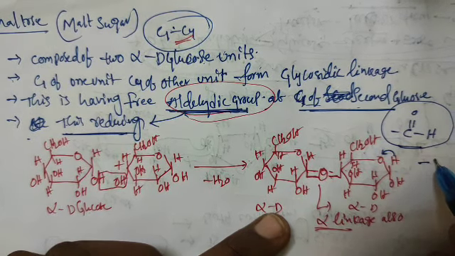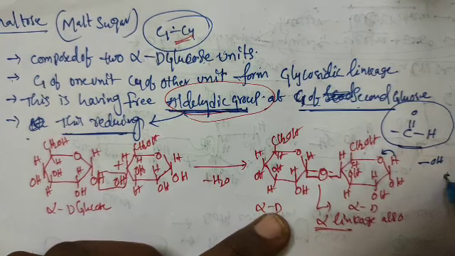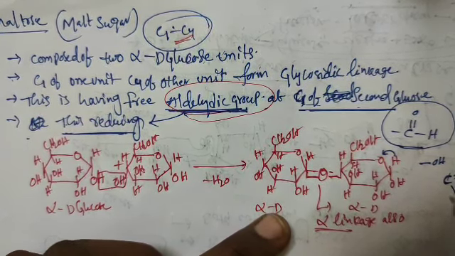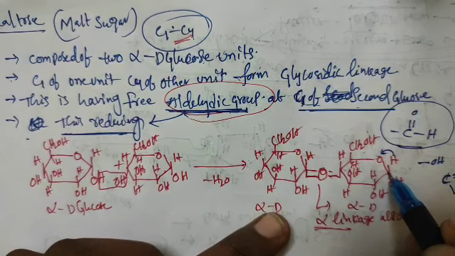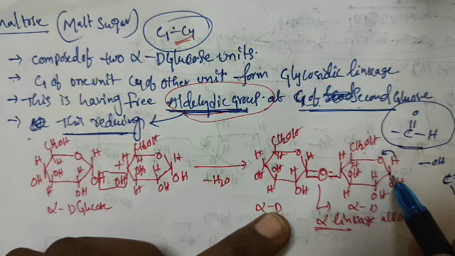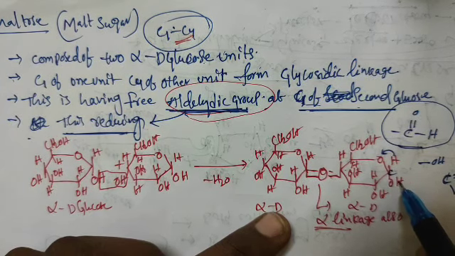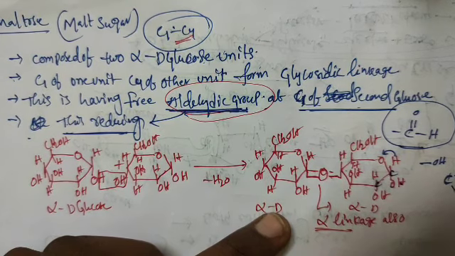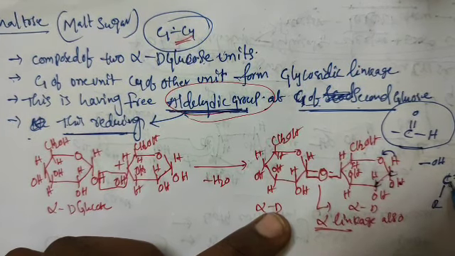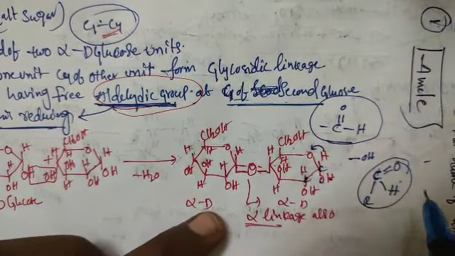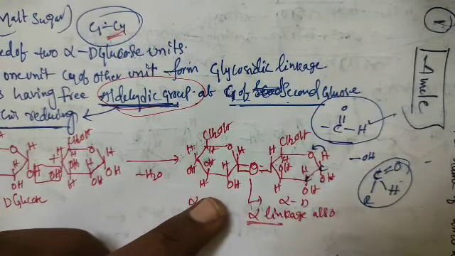In that compound, the ring breaks here, here there is C double bond O and H. That means CHO, the aldehyde group. On this side there is R. We want the aldehyde group, which means CHO.